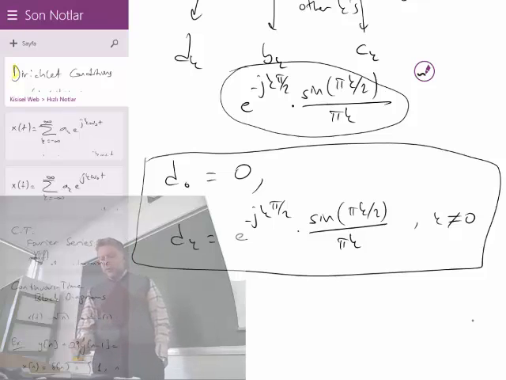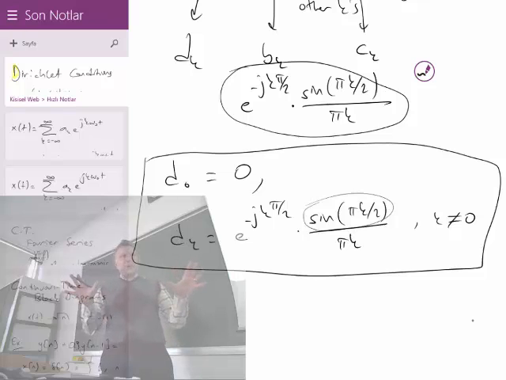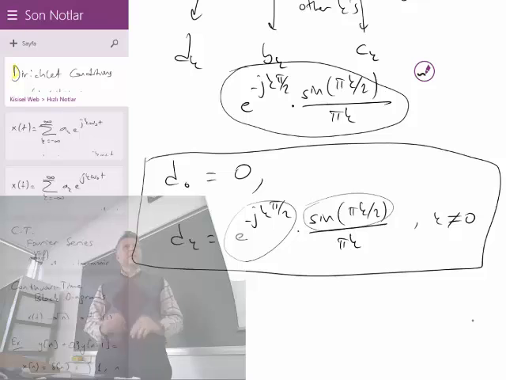If you just expand this sine with Euler's expansion into e to the j omega 0 t and e to the minus j omega 0 t with 1 over 2j's, and then multiply with this term, you will have two different complex exponential terms divided by pi k. Some students came up with that kind of answer, and I was also happy with that. I mean, they also got full credit.